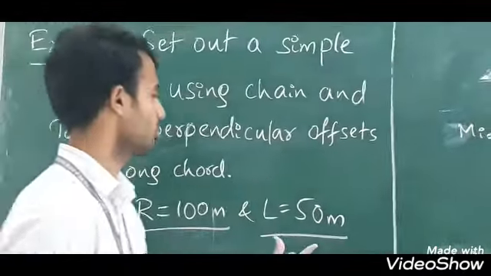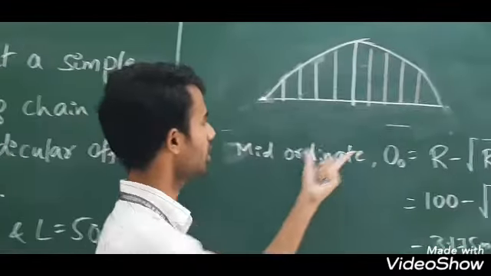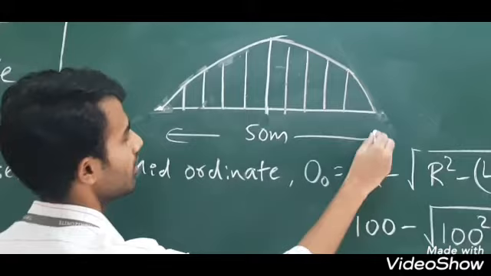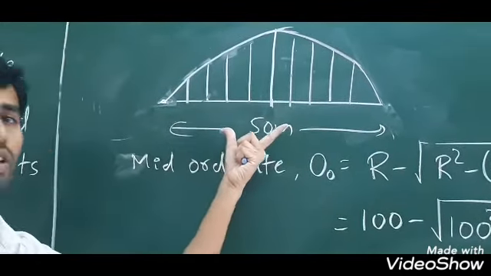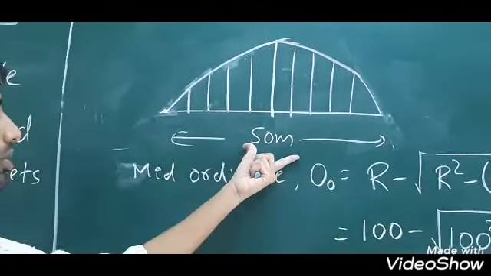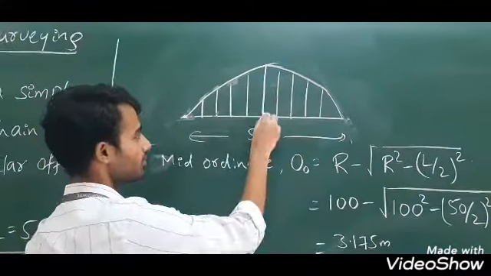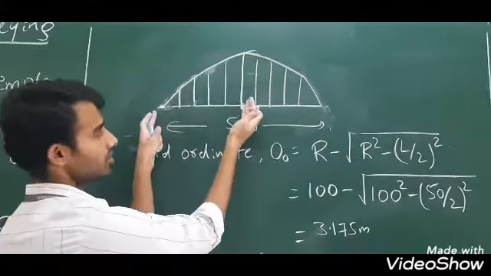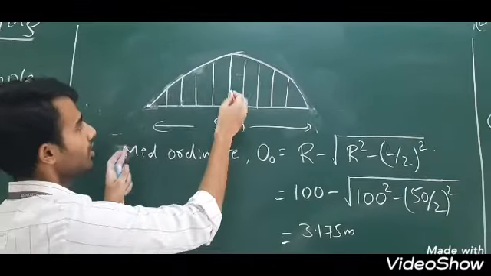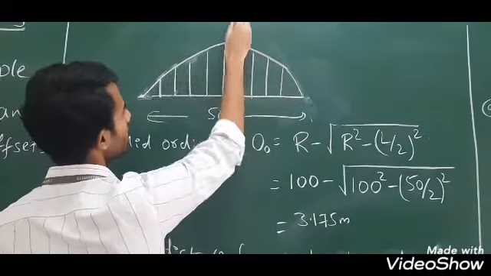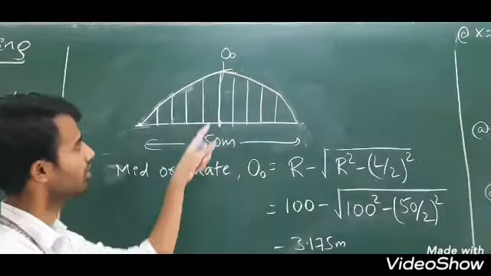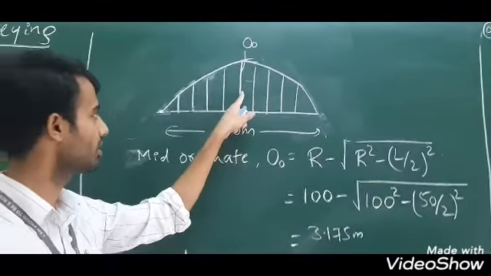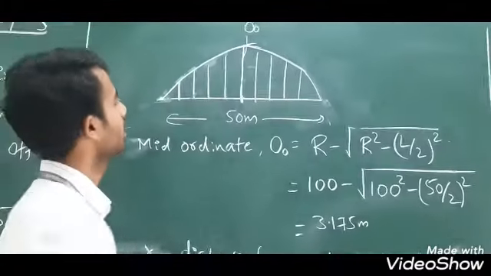Now locate the midpoint at a distance of 25 meter. We call this ordinate the mid ordinate.